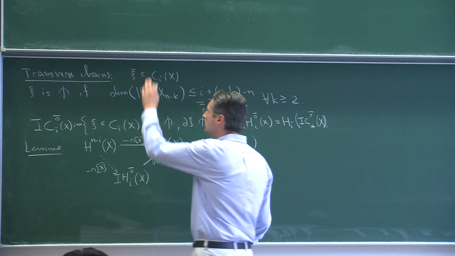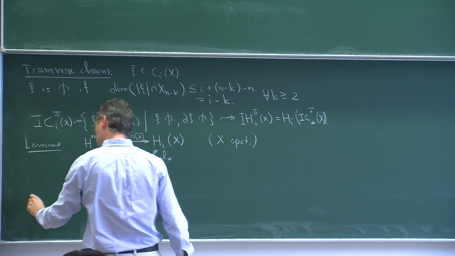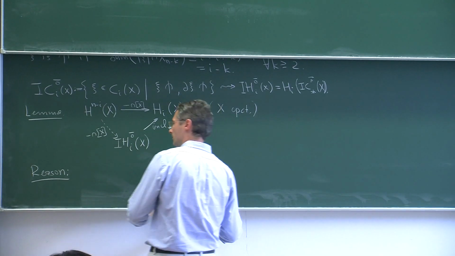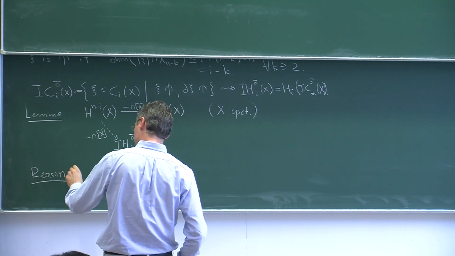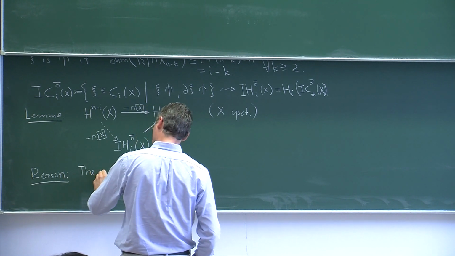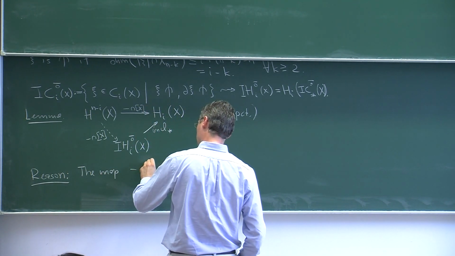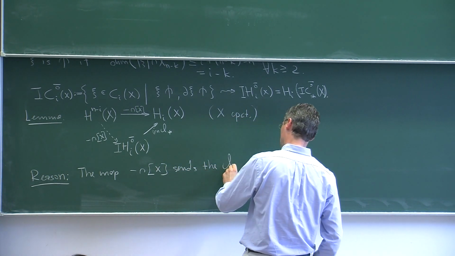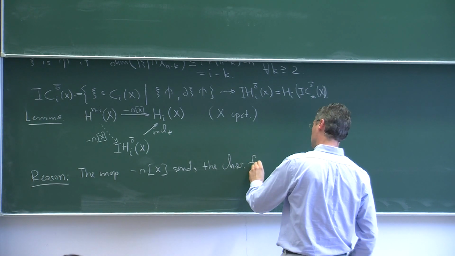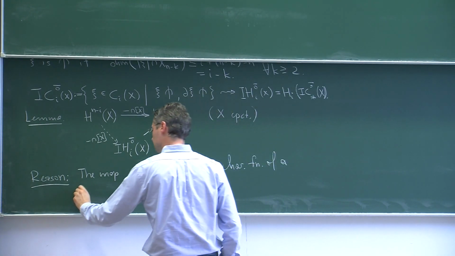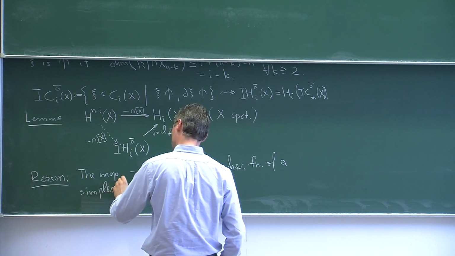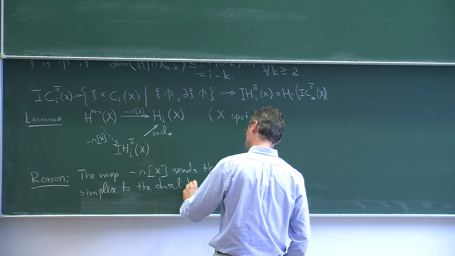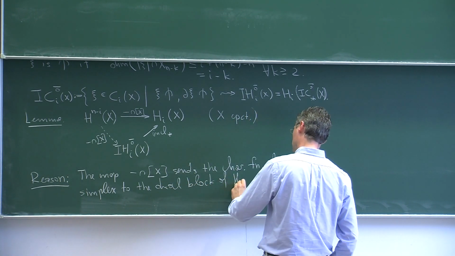Now, why is this true? So the reason for this is the map given by capping with the fundamental class sends the characteristic function of a simplex to the dual block of that simplex.